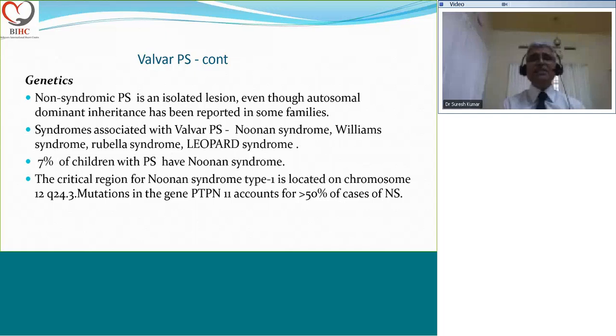And the incidence of Noonan syndrome, if you take all cases of pulmonary stenosis, is perhaps around 7%. And for Noonan syndrome genetics, I'll refer to this again. The specific locus is in chromosome 12q24.3, and mutations in the gene PTPN11 account for more than half the cases of Noonan syndrome.